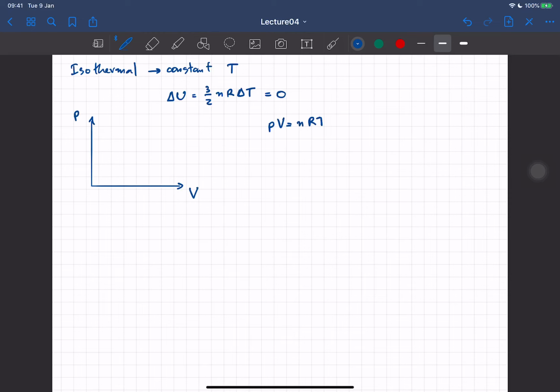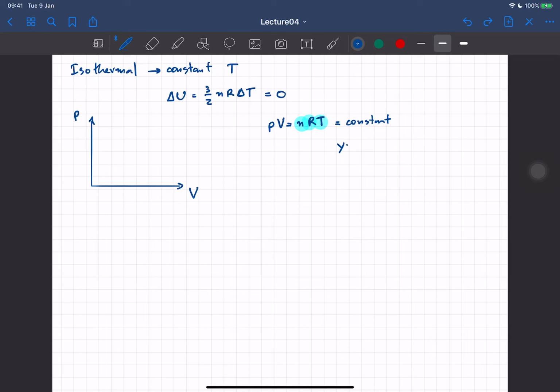So nRT here, and T is constant, R is constant, n is constant. So on the right hand side, everything is constant. So we have a curve where P times V is constant. So this should remind you of some kind of curve where you have y times x equal to constant, something like that. It's called a hyperbola.